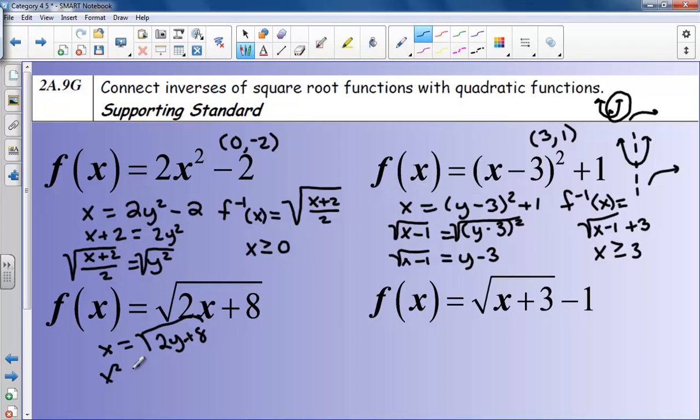So I have x squared, and when I do that, my square root is eliminated, so 2y plus 8. Then x squared minus 8 equals 2y. And so my inverse will be x squared minus 8 over 2.